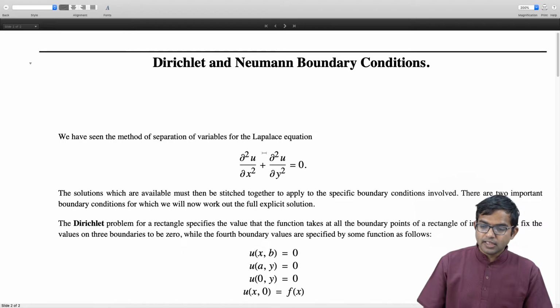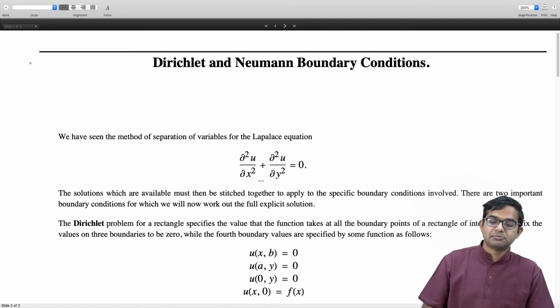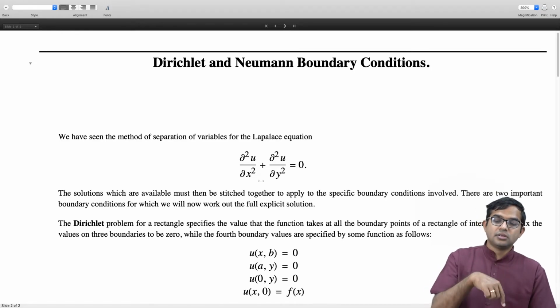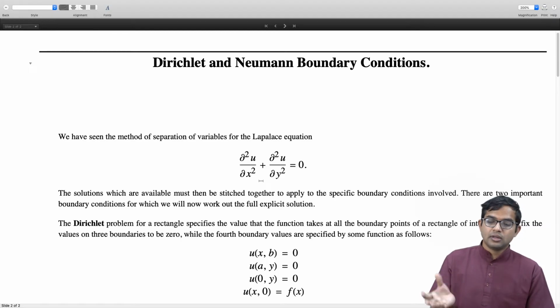Now, even within this very specific way of specifying the boundary conditions, it's convenient to set three of these sides to 0 and come up with a function for one of the sides.